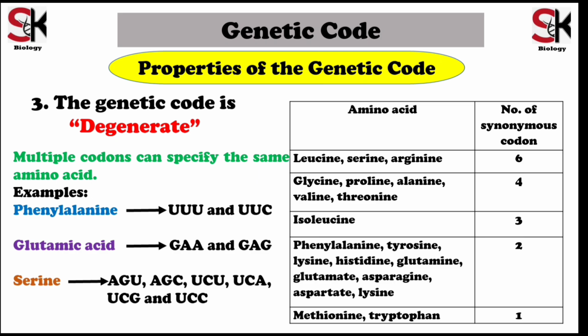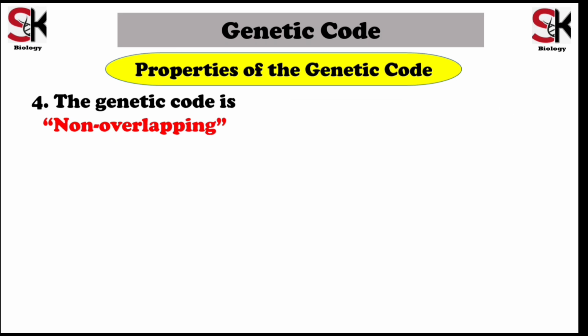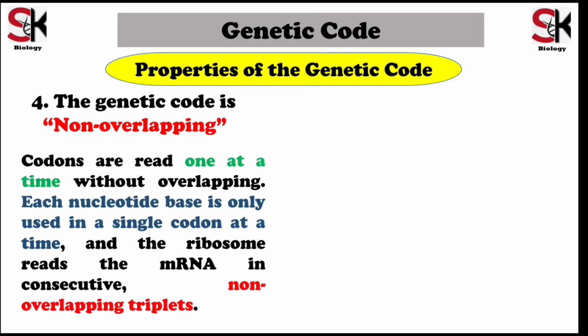Fourth property, the genetic code is non-overlapping. It means a codon is read one at a time without any overlapping, so that one nucleotide will be read only once while reading the sequence. Let us suppose this is the polynucleotide sequence.